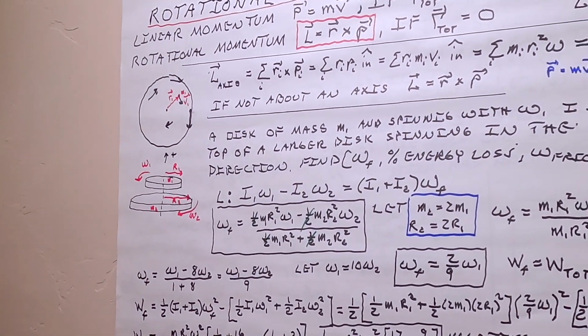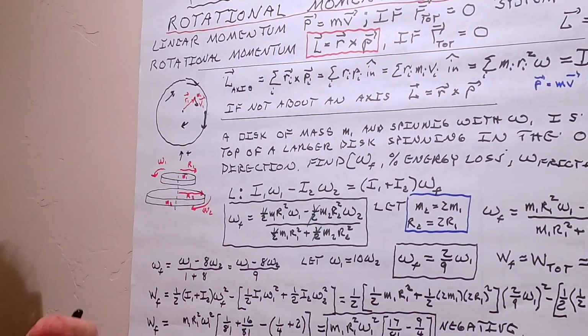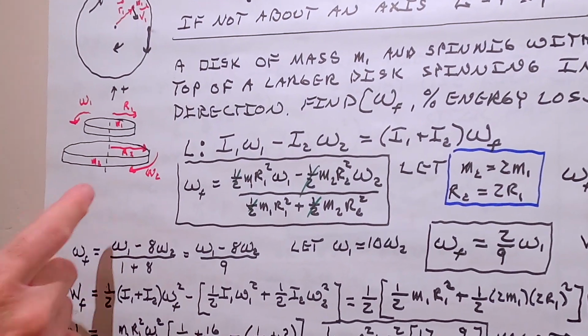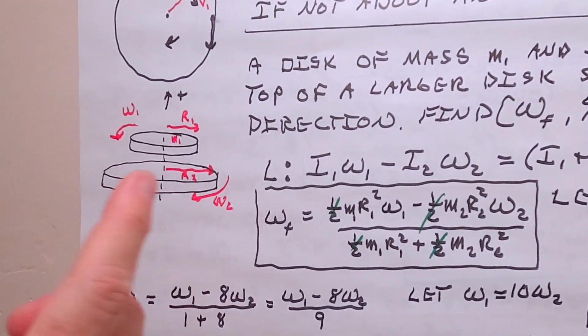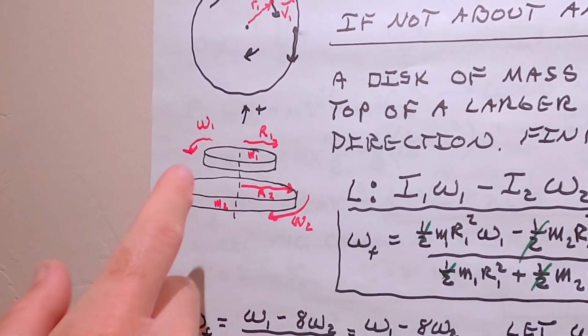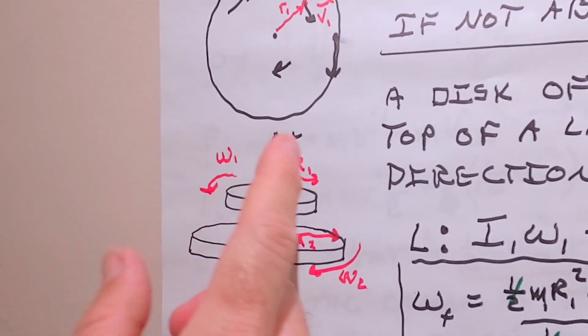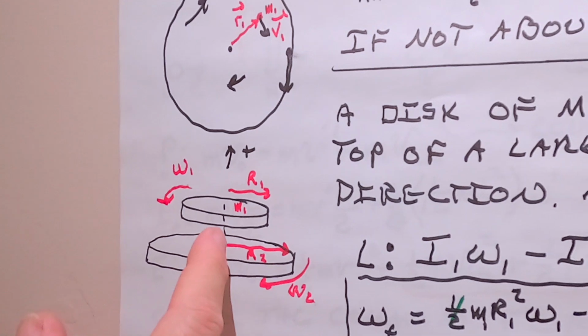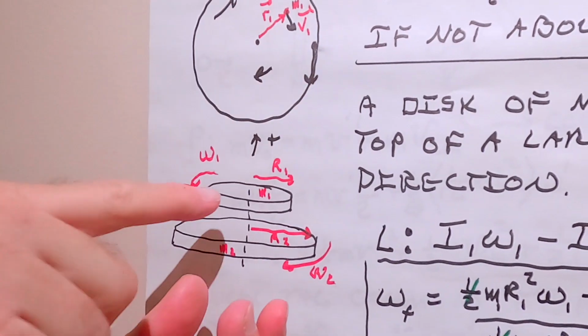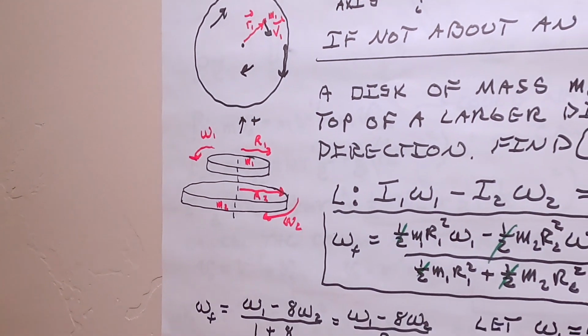So now, let's look at a case. We used momentum for collisions, but let's talk about a rotational collision. Suppose we have a disk that's spinning in, let's say, one direction. And we have another disk that's spinning in the other direction, has a different mass and different radius. And we just, from a very small height, drop it onto there.